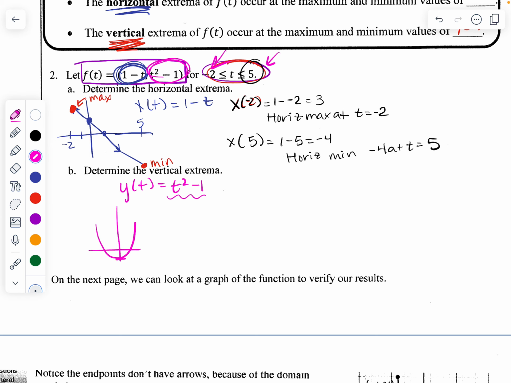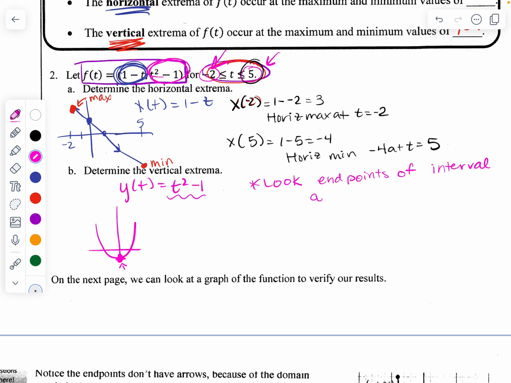Here our lowest value is right in the middle, at negative 1. It's not going to be where t is at the outside edges, okay? So we're not going to just look at the endpoints of the interval. We're also going to look at the sketch.